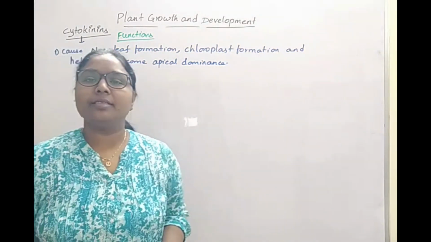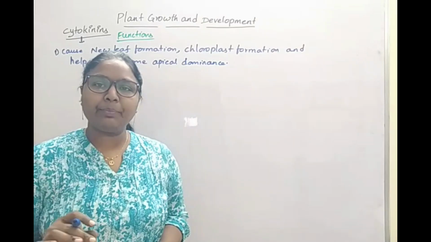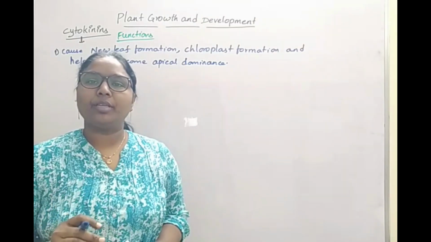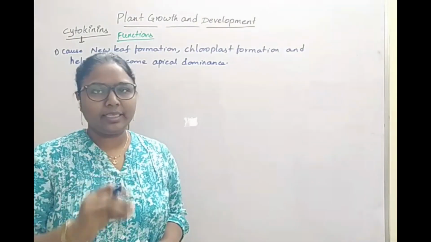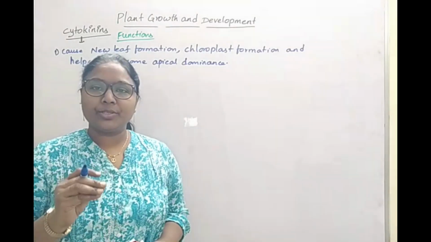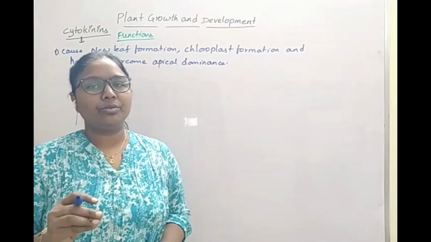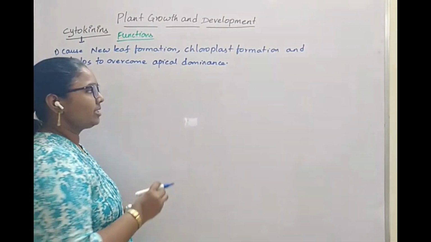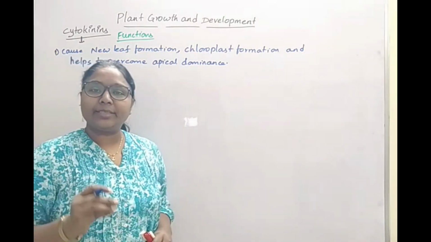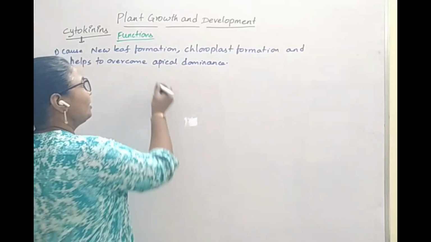Apical dominance means that, in general, the buds, the cells at the tip of the shoot system, promote the growth of the region at the tip of the shoot. But cytokinins stop that growth of buds at the apical region. They support the growth of lateral stems or branches.